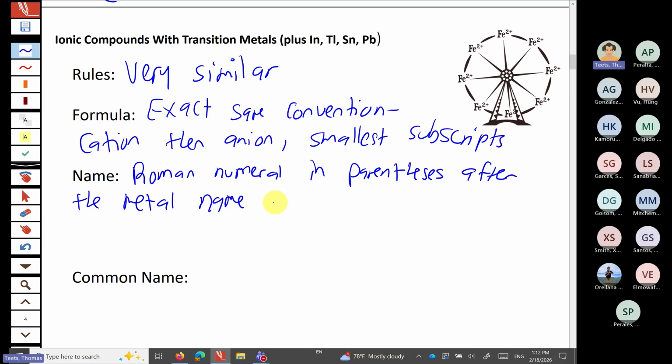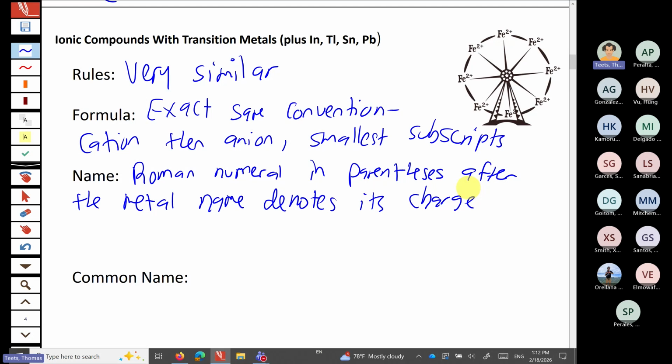That comes after the metal's name, which again does not change, but it includes now a Roman numeral that indicates what the charge of the metal is, because it's not easily predictable for transition metals, and most of them can form more than one different possible charge.